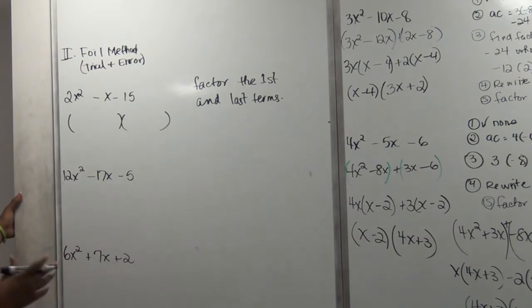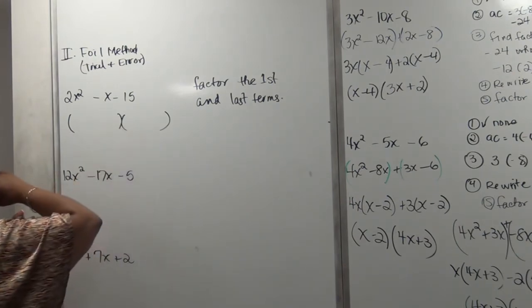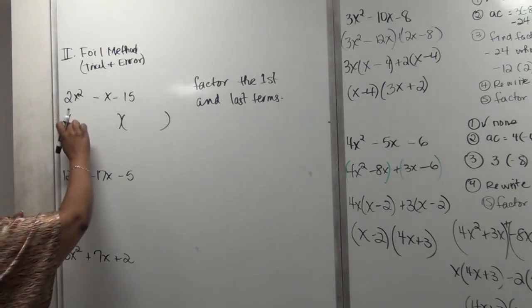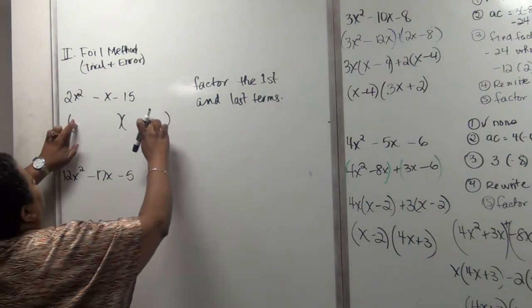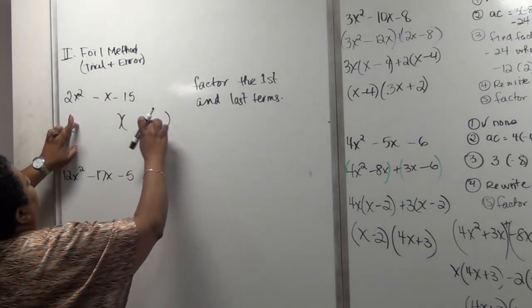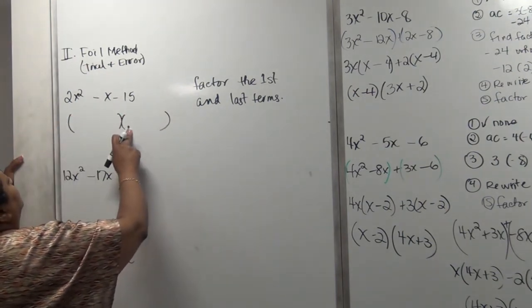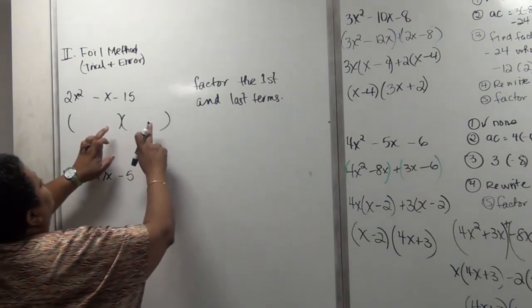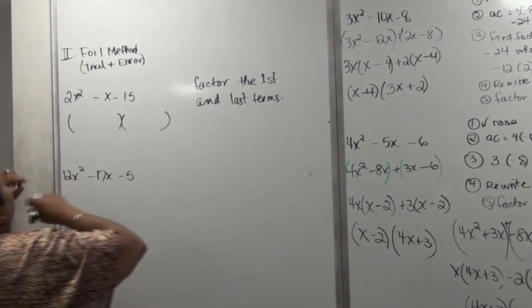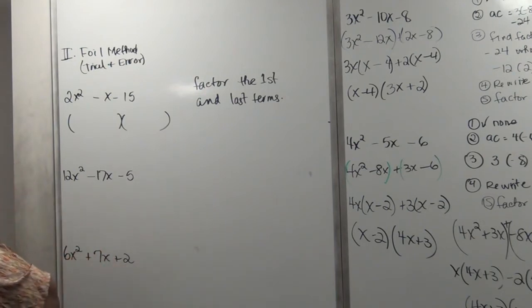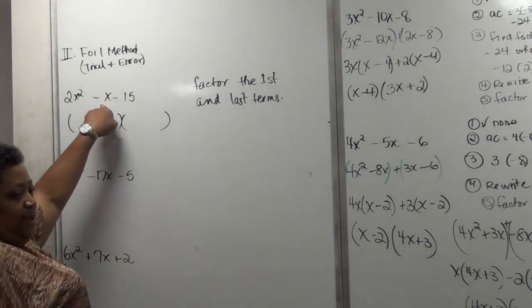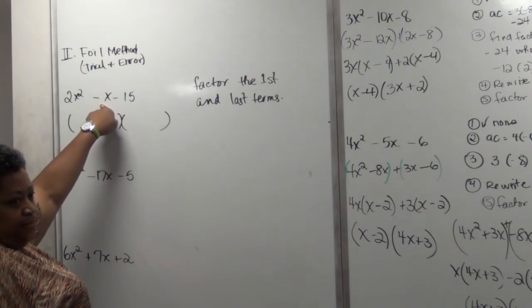Basically, you're just playing with the numbers so that when you multiply, okay, FOIL meaning your first terms first, outer, the two outer terms, your inner terms, and then the two last terms. You factor it so that O and I add up to this. Okay.